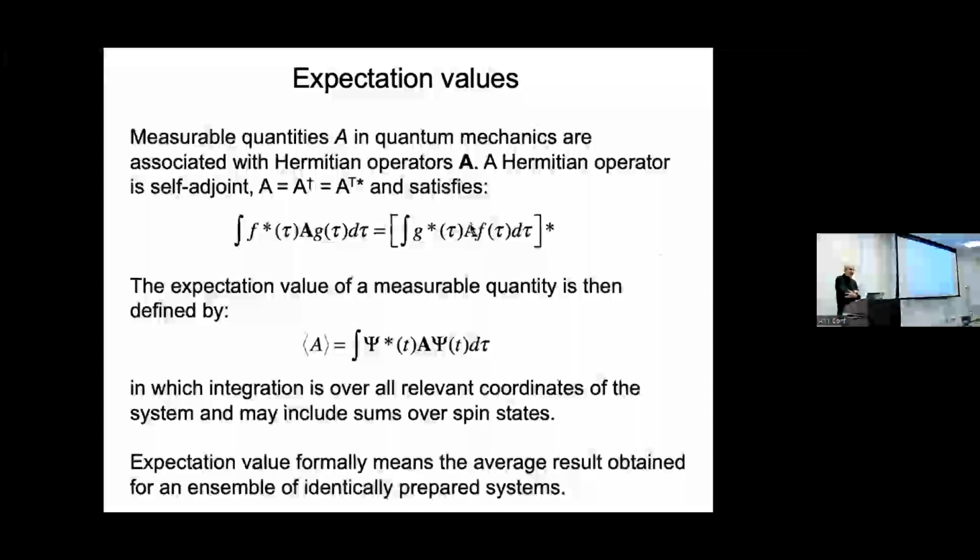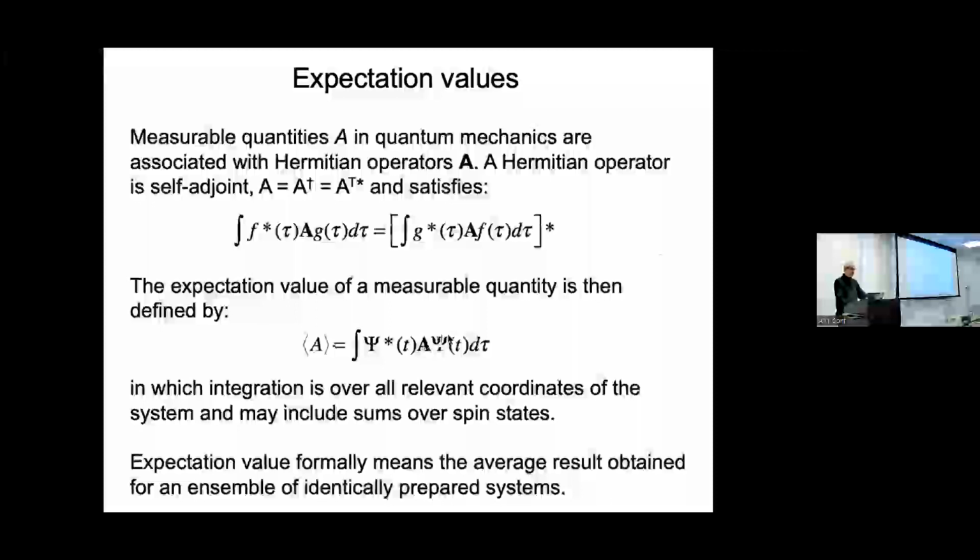And then there's a formula in quantum mechanics that says, if we want to know our measurable quantity, the result of some experiment, shown here is the ensemble average of A, then we have to form, again, this kind of sandwich where our Hermitian operator is in the middle.